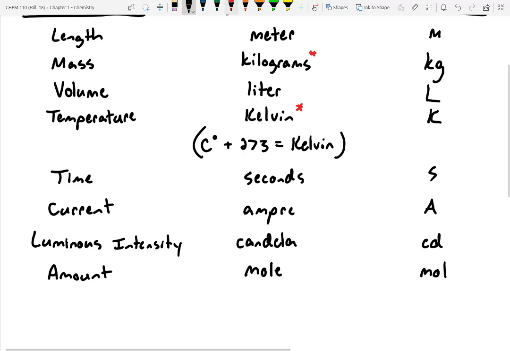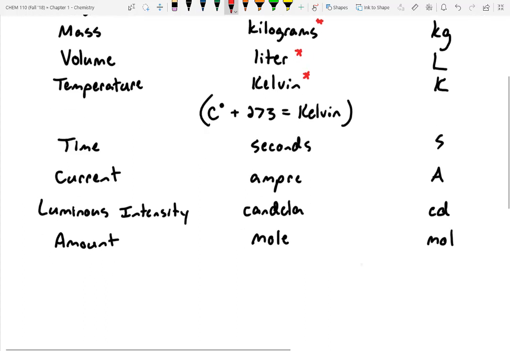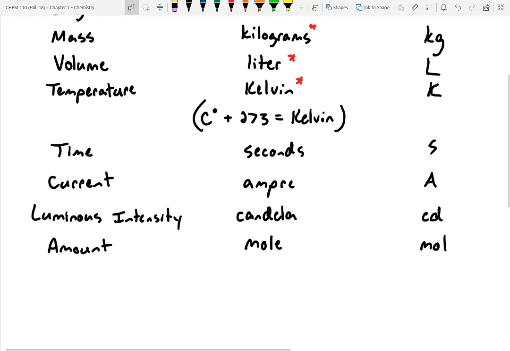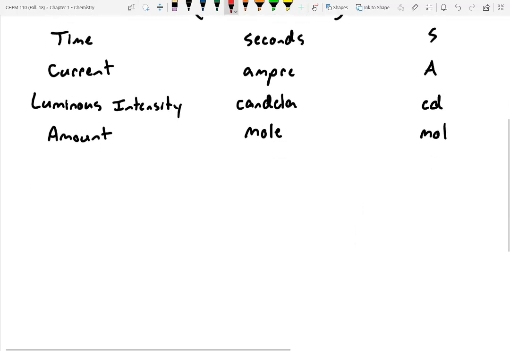All right, and I did want to add an asterisk here because we saw in lab yesterday that you didn't measure things in liters. What did you measure the volume of pennies in? Milliliters. So I did want to include kind of a note that chemists oftentimes vary a little bit.